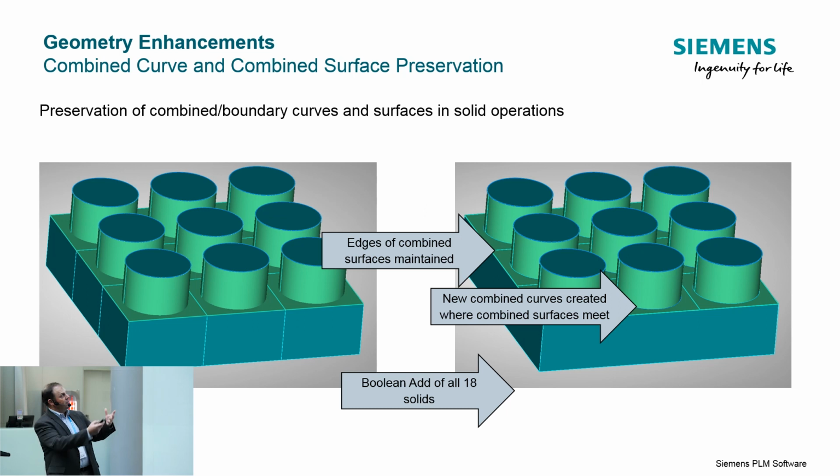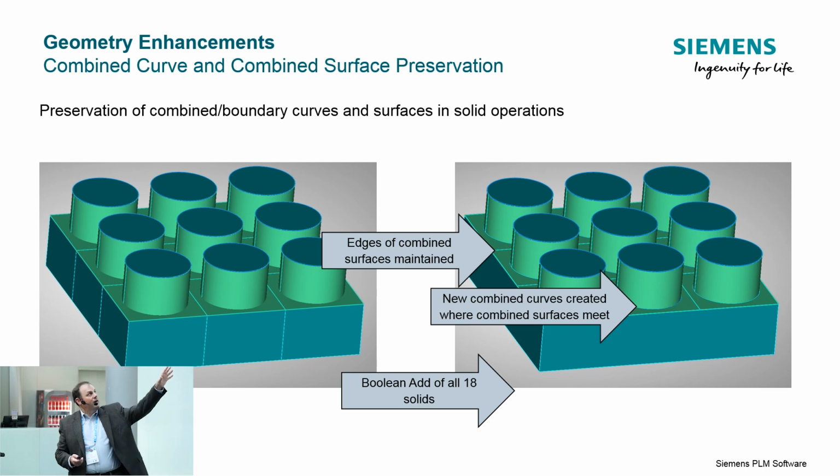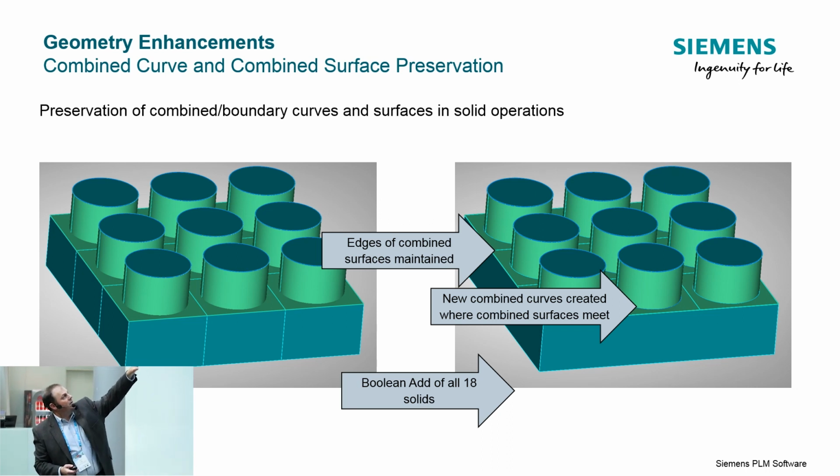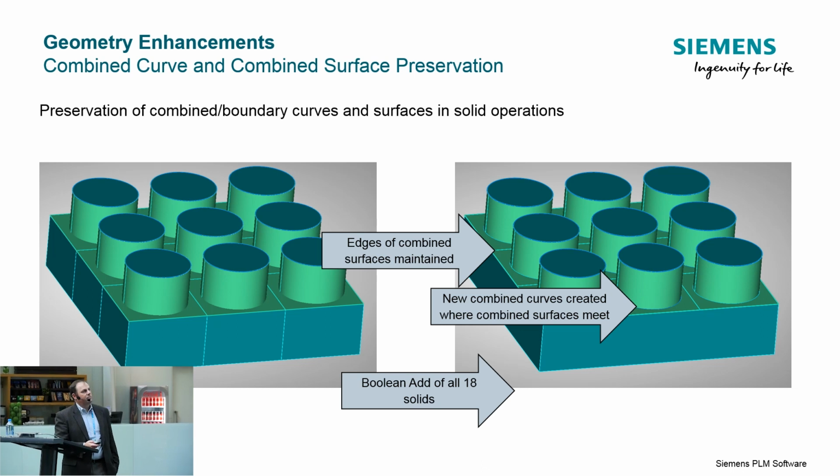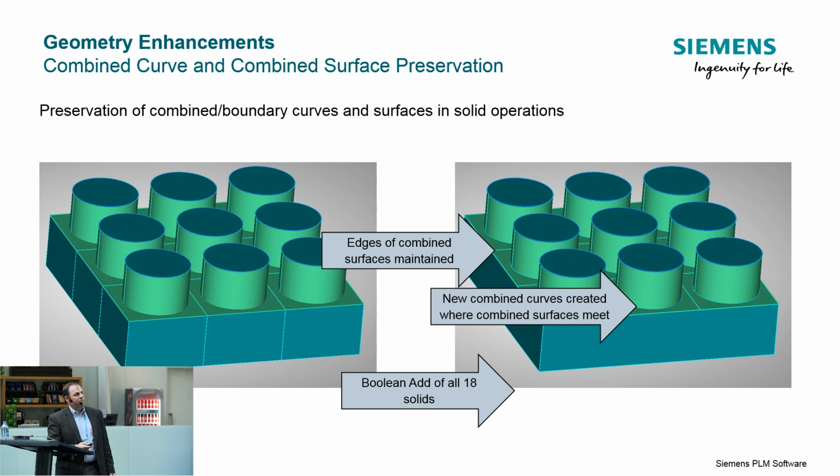If we just start at the beginning and add them all together in one command, you can see how the entire bottom is added together, and anywhere that was needed, we created new boundary surfaces or new combined curves to maintain the integrity of the original intent.